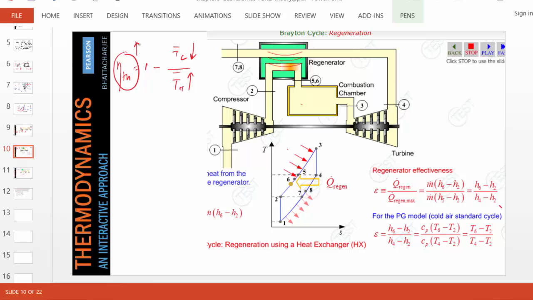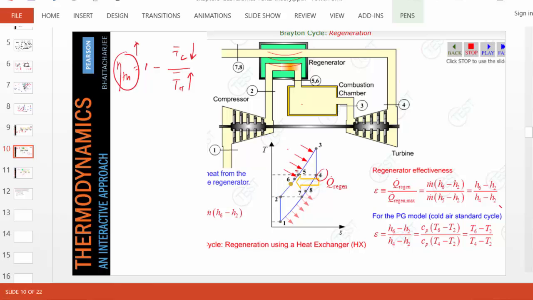Let's explain the different states on the TS diagram, and that will bring out the definition of the regeneration efficiency. Well, from state 2, your goal is to heat up the air as much as possible, and we know the turbine exhaust is at temperature 4. So therefore, at the most, you can go from state 2 to state 5.